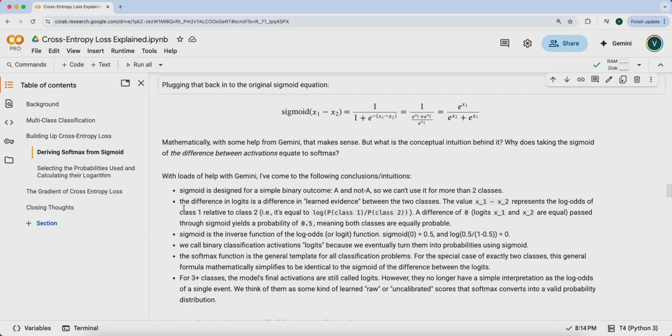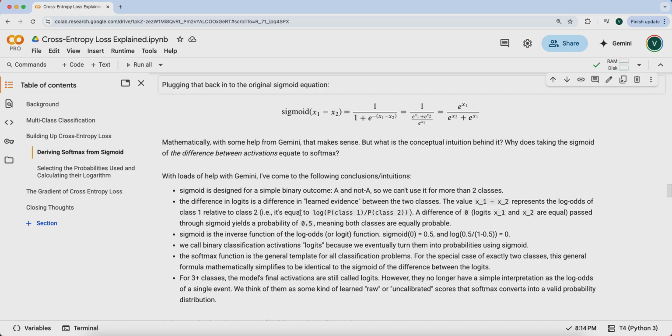Idea number 2 is that the difference in logits is a difference in quote-unquote learned evidence between the 2 classes, right? So how much more evidence do we have in favor of one class than another class based on how big the activation is that the model produced? So the value x1 minus x2 represents the log odds of class 1 relative to class 2.